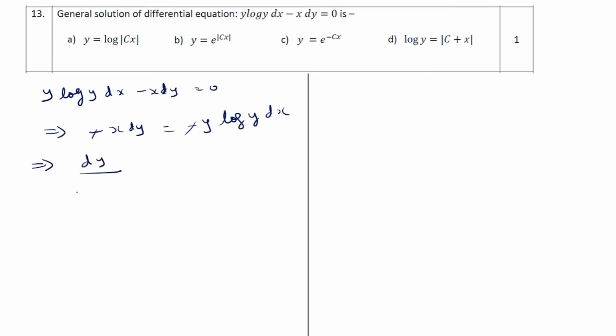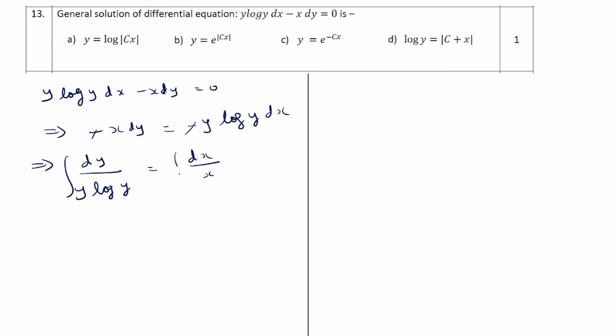So dy by y log y, variable separable, equal to dx by x. We are collecting all y terms to one side and all x terms to another side.